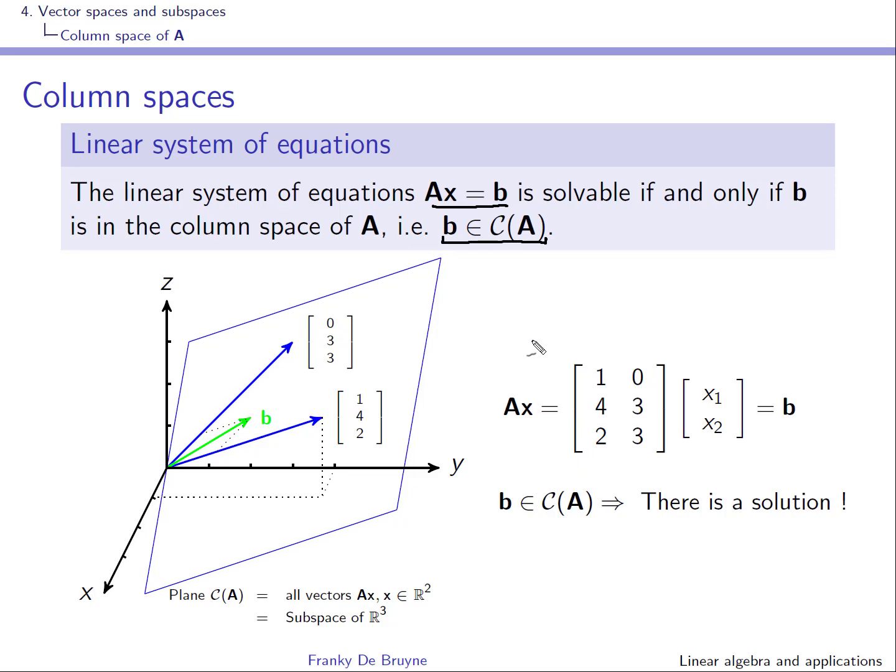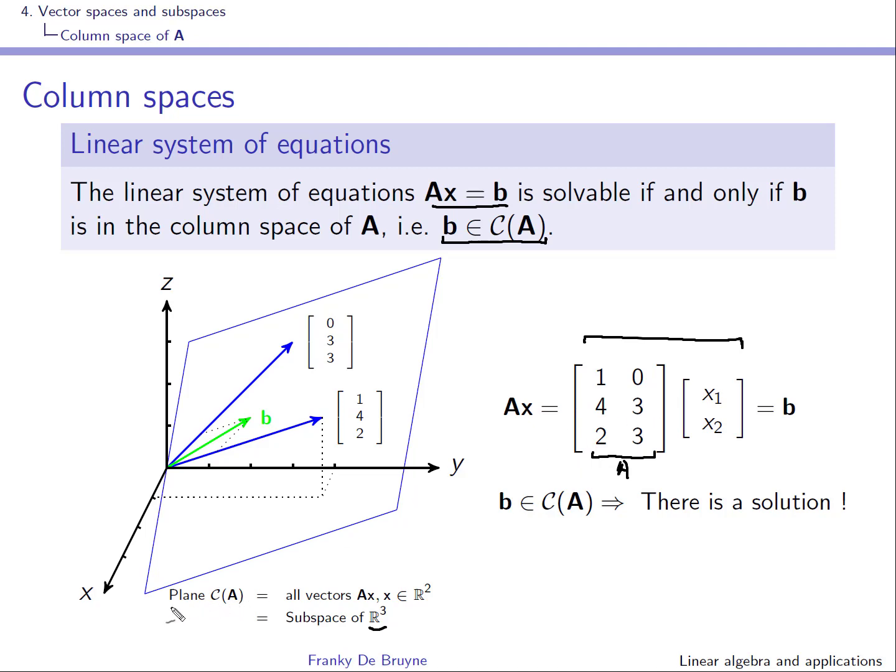Okay, so let's take an example. Ax equals b, so this is my A matrix. Obviously we work in R3 because the elements are in R3, and we can have a look at the column space. The column space is the linear combinations of the columns. There are two vectors, and if you take all linear combinations of the columns of A, you generate a plane.